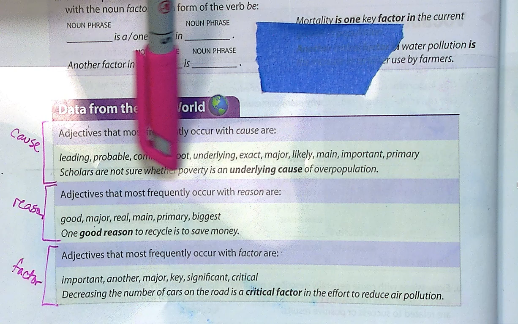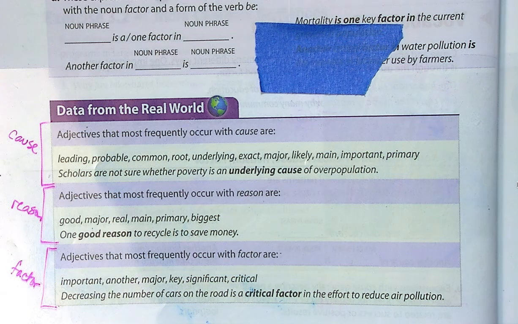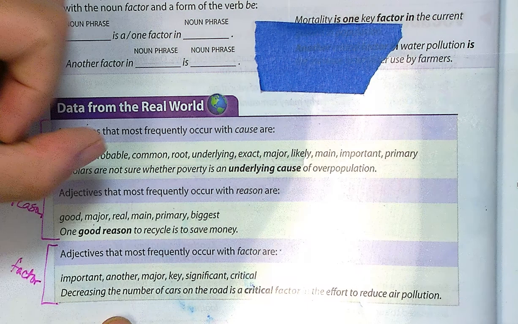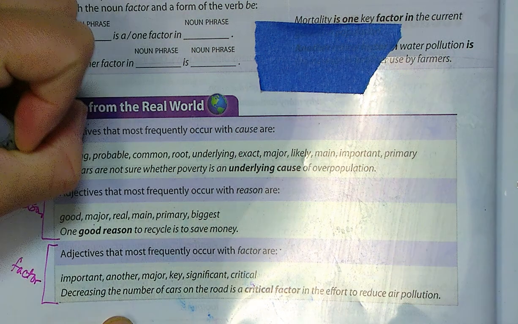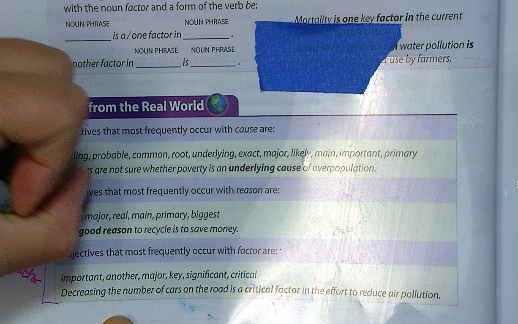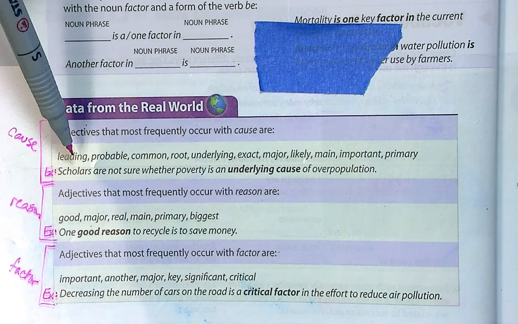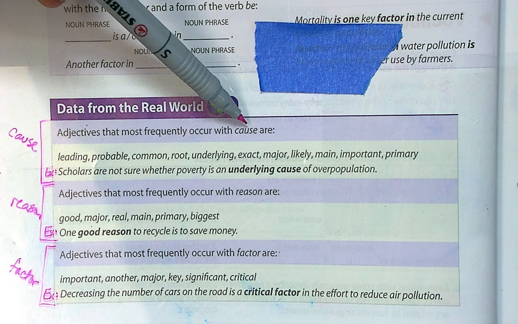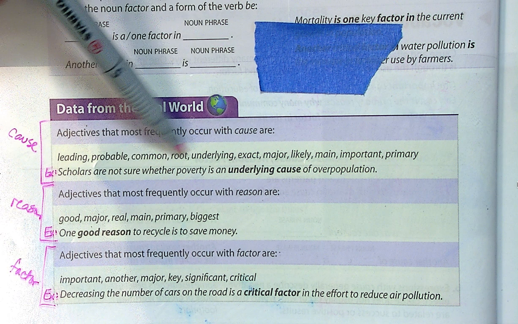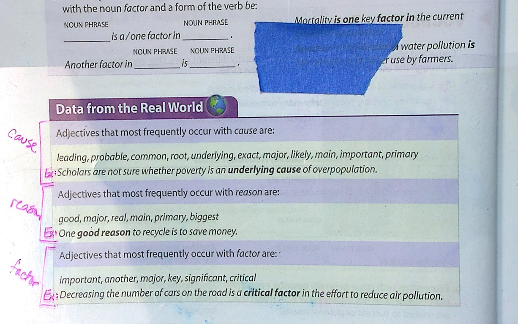These adjectives right here often go with the word cause. They can go with other words, but the research from the real world shows that these words like to go with the word cause. And then this is our example sentence. So we've got the leading cause, the probable cause, the common cause, the root cause, the underlying cause, and so on.